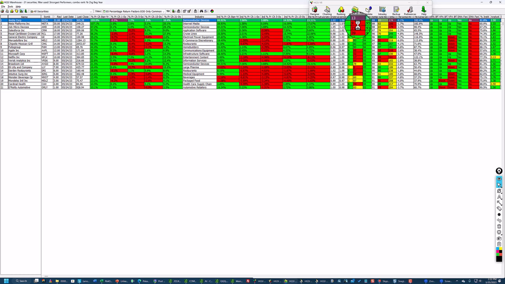That's this column right here where this hourglass is. Look at all of those that are red. It's really a non-factor. So if people have been screening for strong stocks based upon the ERG, I just don't think you should do it.